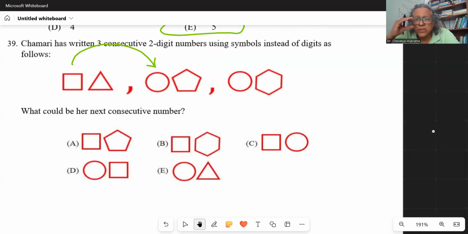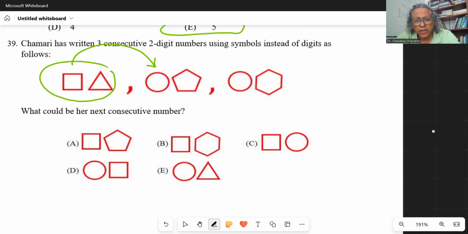There's 2 symbols. So if the 10th digit changes, that means the 10th digit increases. So if it is consecutive, it has to increase by 1. Otherwise, it can't be consecutive, right? That means this is like either 19, 29, 39, 49, like that, right?